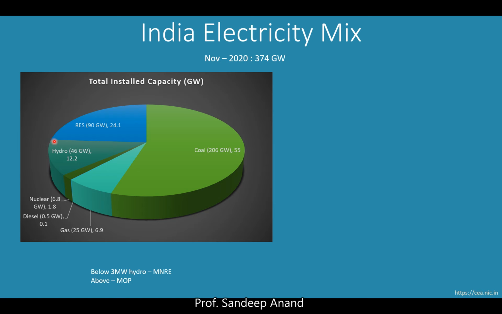Those hydro plants generally come under the Ministry of Power, the Government of India, and they are accounted separately as compared to small hydro, which is of less than 3 megawatt of power, which falls under the Ministry of New and Renewable Energy, which is included in this blue chart. But in general, hydro, since it's based on a stream of water, can also be considered a renewable energy source.